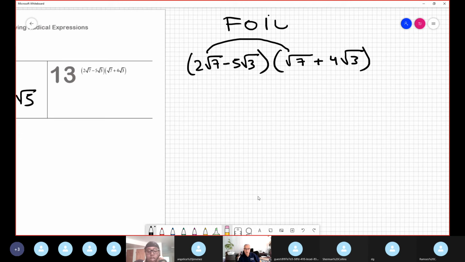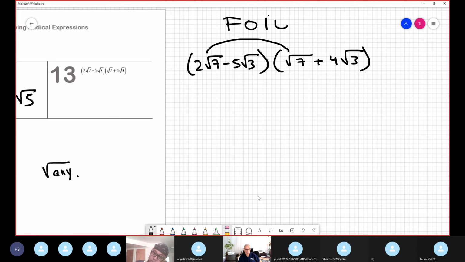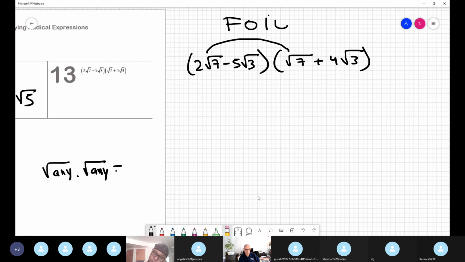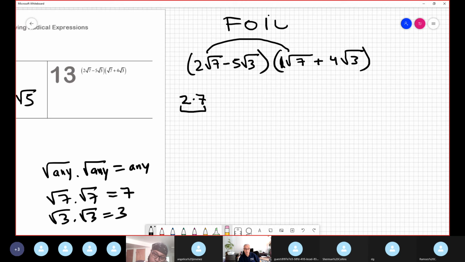Multiplication, this and this. Be careful, you need to know by memory that radical of any number times itself is that number. For example, radical 7 times radical 7 is 7. Radical 3 times radical 3 is 3. It's a shortcut. This coefficient is 1, invisible. 2 times 1 is 2, and radical 7 times radical 7 is 7. And 2 times 7 together is 14.